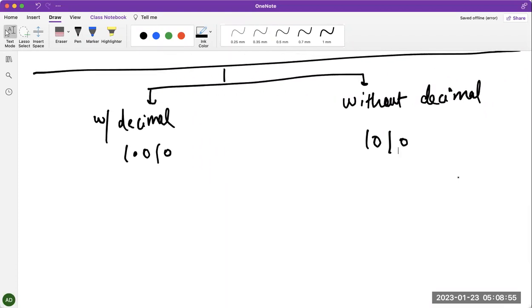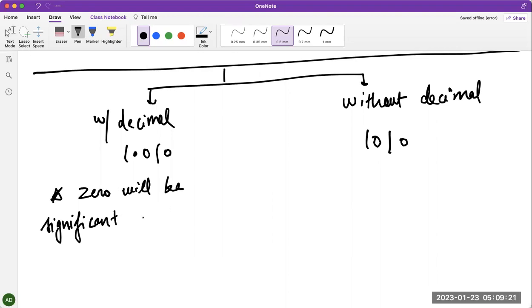Okay, remember, when you have a decimal, it's easy for zero to become significant. What does that mean? It means, remember this, a zero will be significant if it has a non-zero number anywhere in the front, not right in the front, but anywhere in the front.